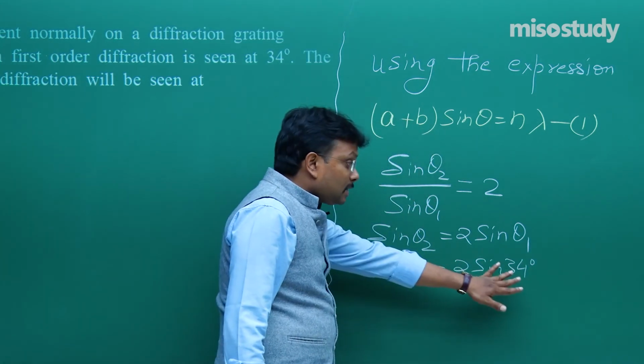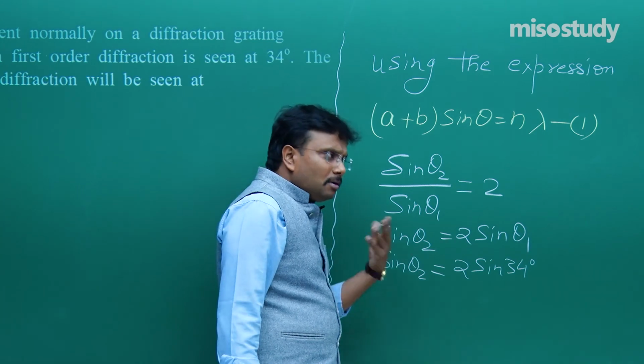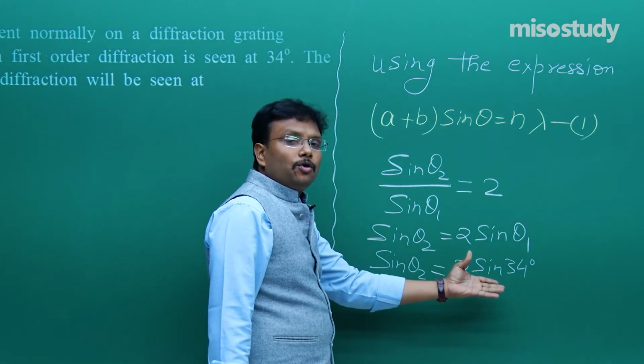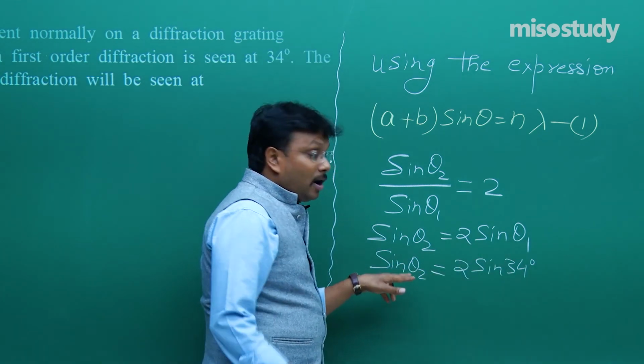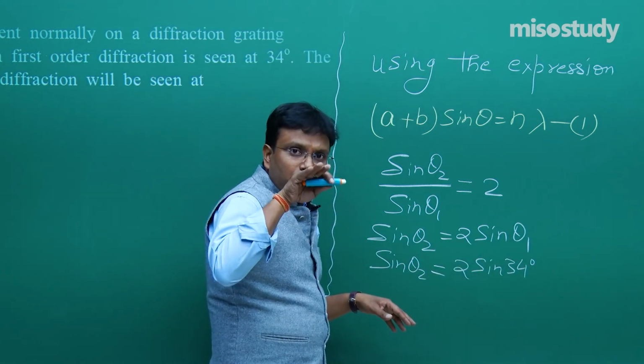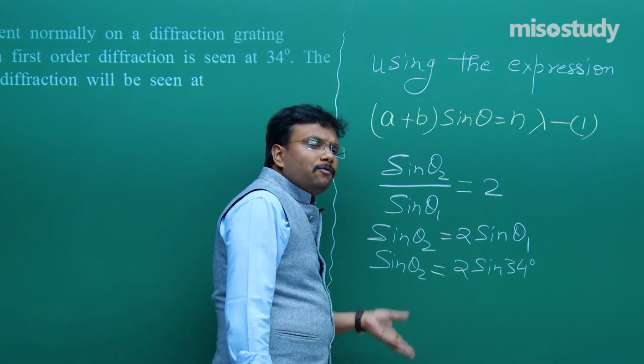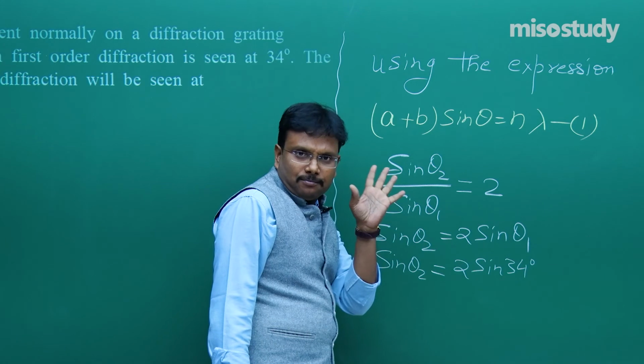In general, these types of angle values are provided at the start of the question paper, or even at the bottom of the question it may be given. So you need to remember these values. Sin 34 is roughly 0.55, 0.56.